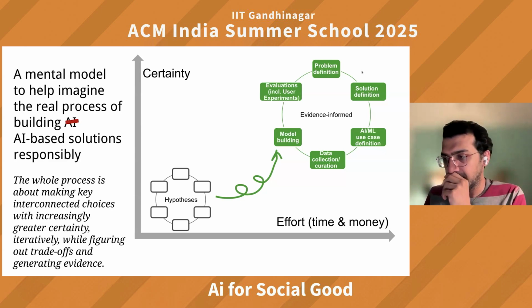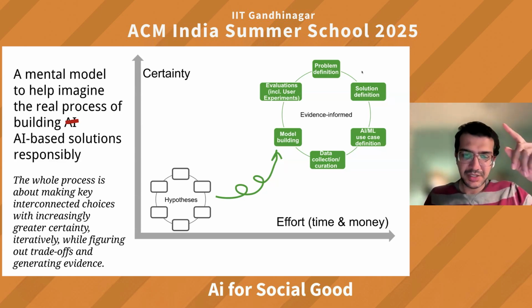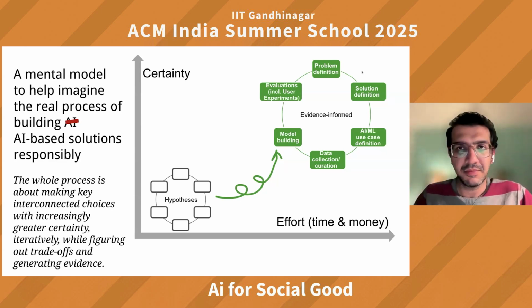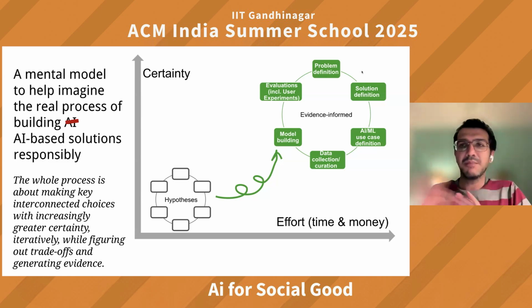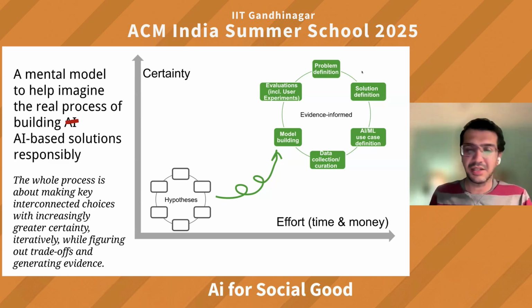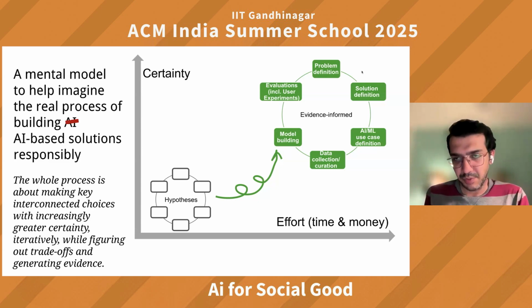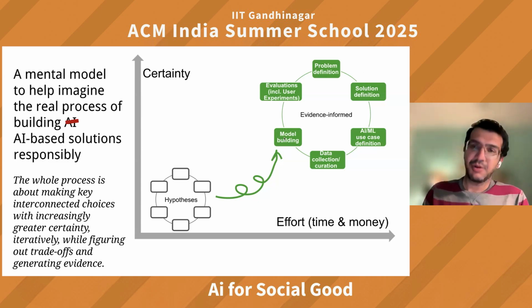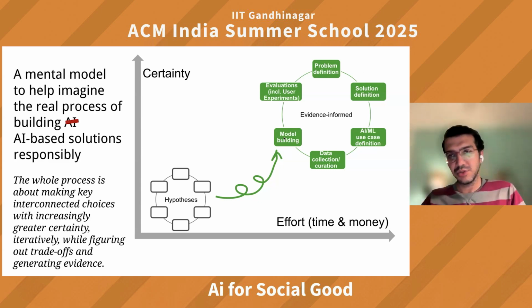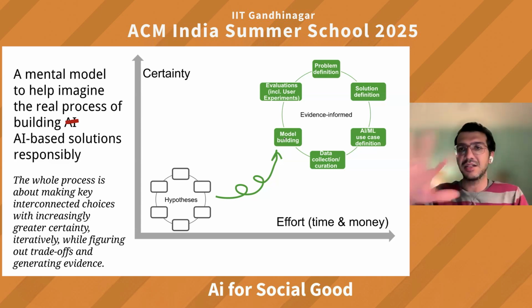For example, in pest management, we first said, look, internet connectivity is a problem. But then we said, we'll give them both choices, right? So we did reconsider and said, we'll give them this slow version as well, right? So model building, data curation, the use case, solution, problem definition, are all interconnected.